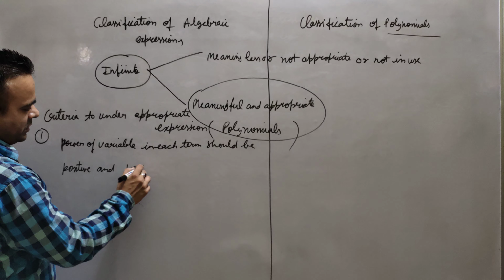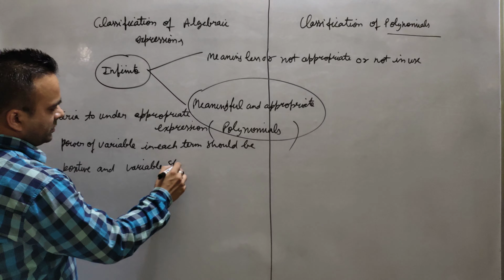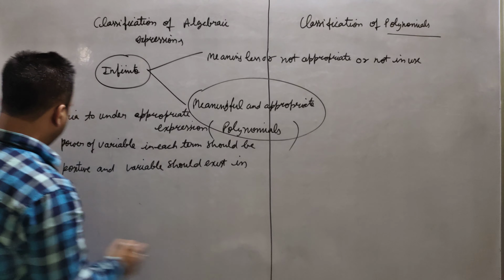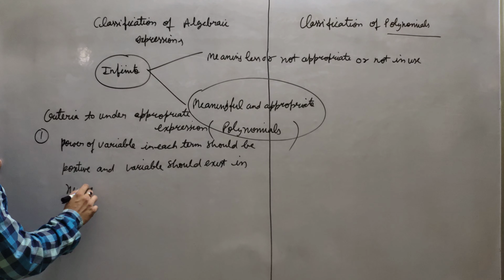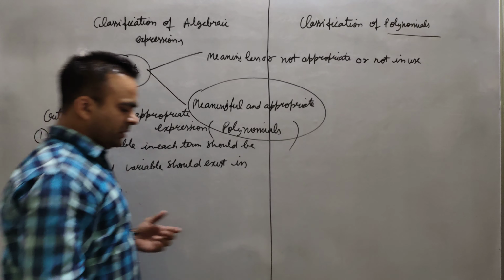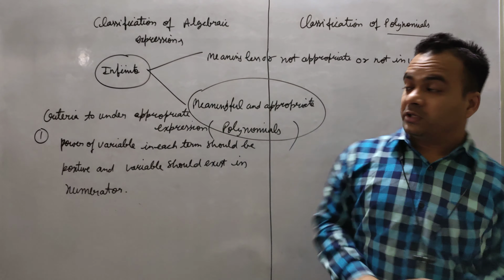And variable should exist in numerator. This is the one point. This is very important to understand.